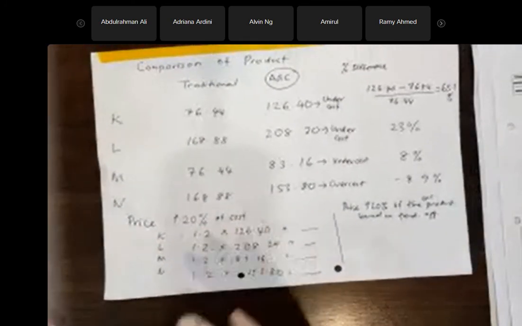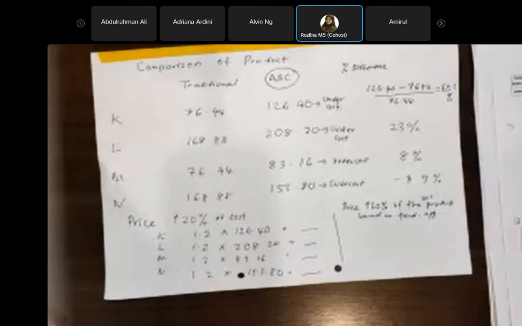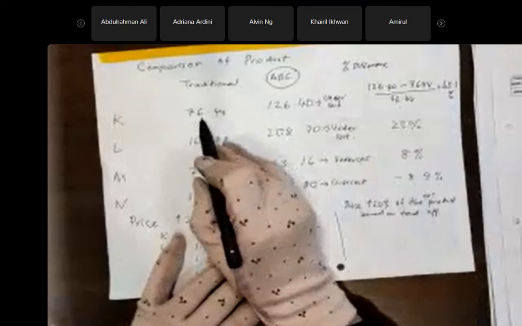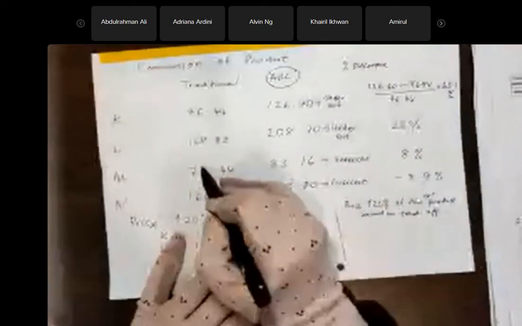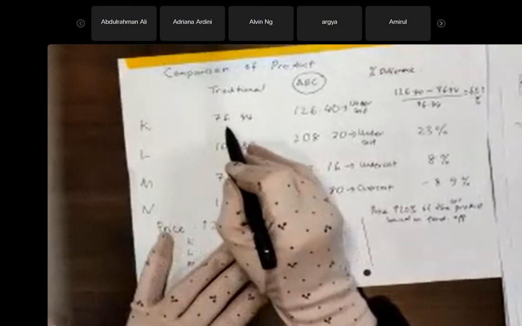Any question? Has there ever been a case where the traditional is better than ABC? It means better maybe because of this: K just covers 76, and for L the product cost is 168.